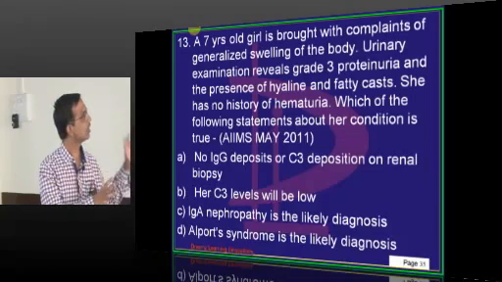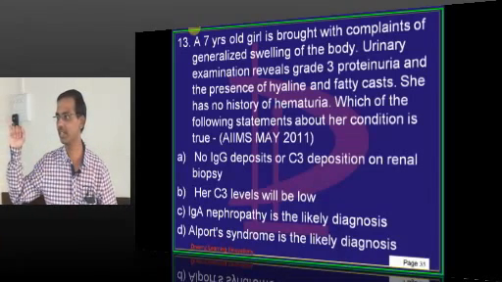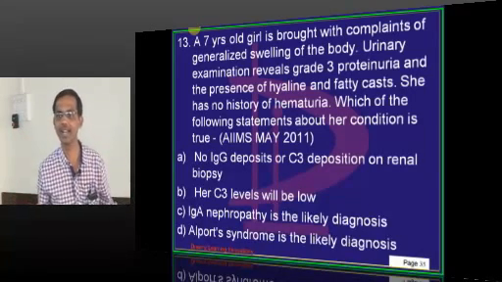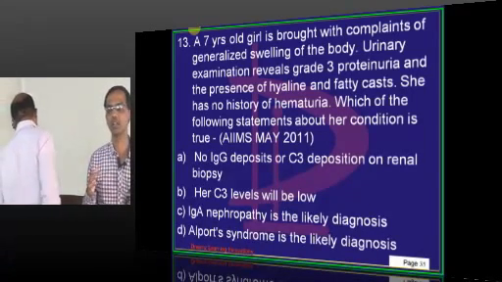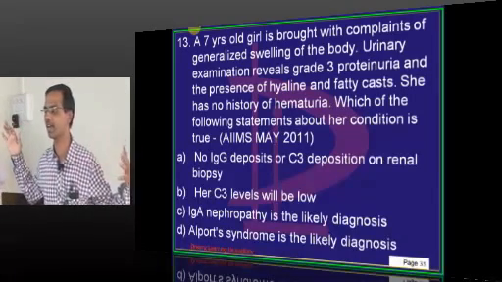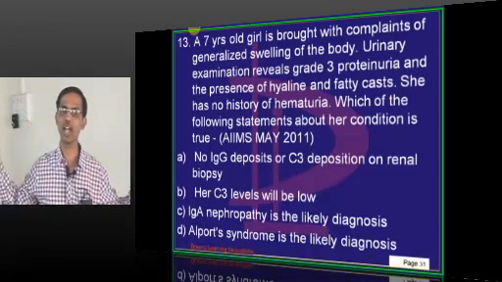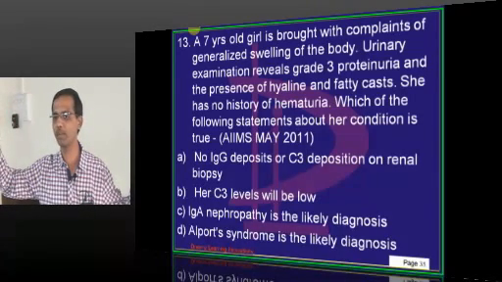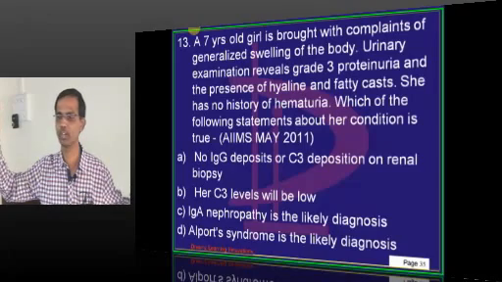First, analyze the question. It's a child. The child has generalized swelling, edema of the body, anasarca. To produce that generalized edema, the cause should be either severe hypoalbuminemia or sodium and water retention.